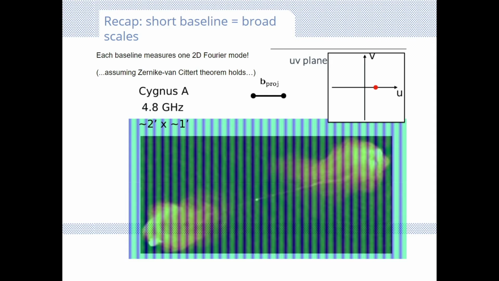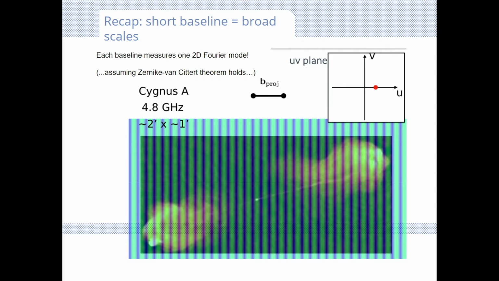The measurement lies somewhere on the UV plane, and in this case it is just along the U axis at some distance. That distance is given by the projected baseline length, right?